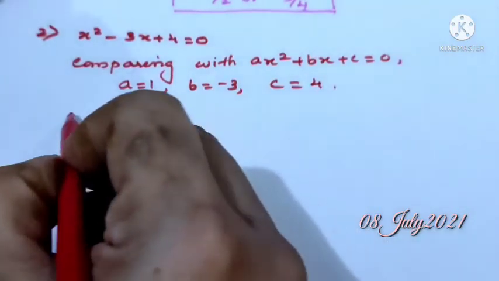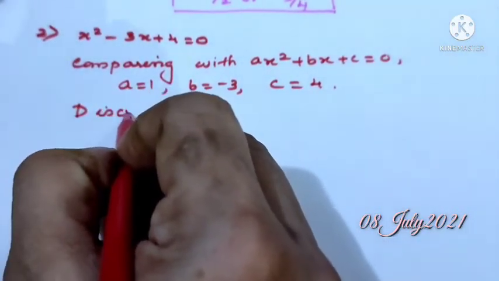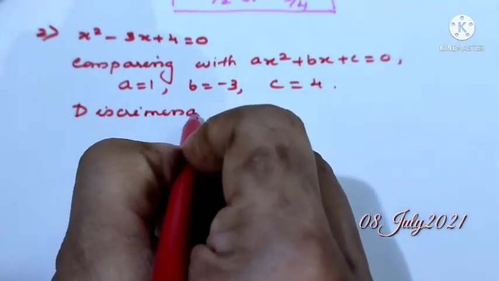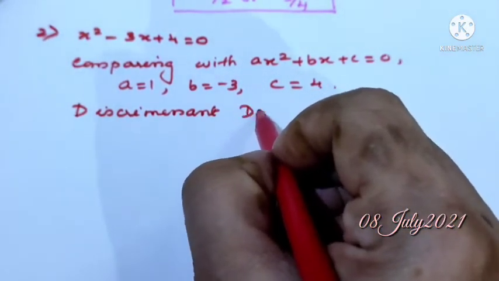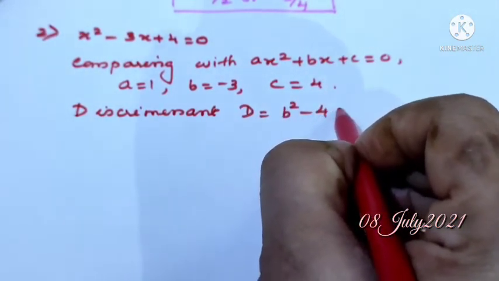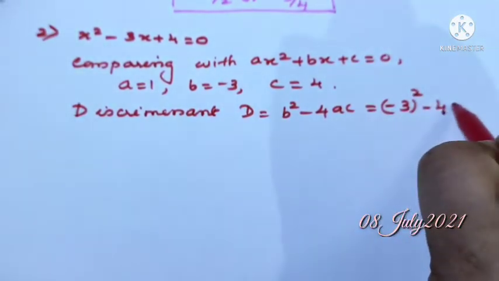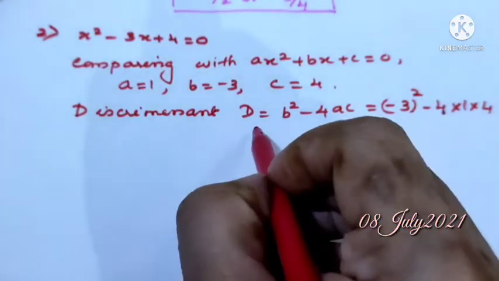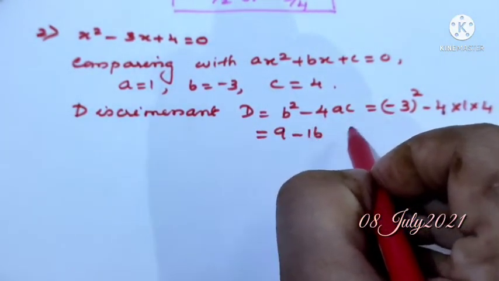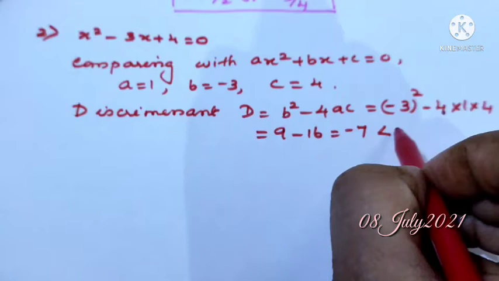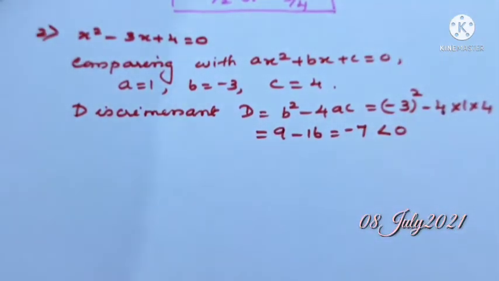Now discriminant D equal to b square minus 4ac, minus 3 whole square minus 4 into 1 into 4. So 9 minus 16 equal to minus 7, which is less than 0.